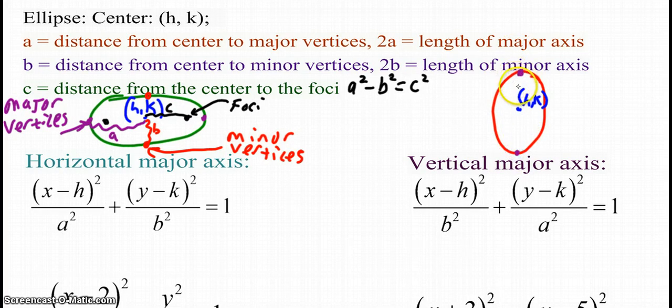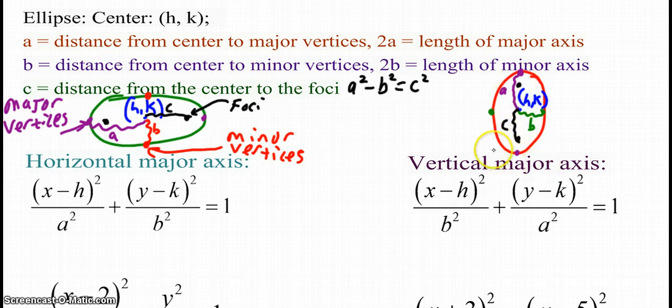So this distance here is my a, and I will have my minor vertices. They will now be horizontal, and this distance here will be b, and then I will still have my foci along the major axis, and so this distance here will be c.